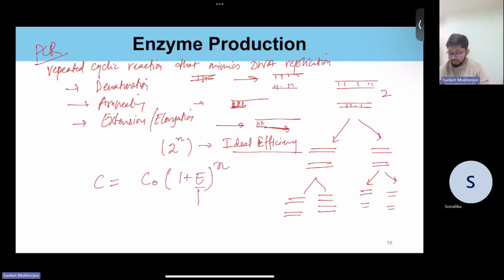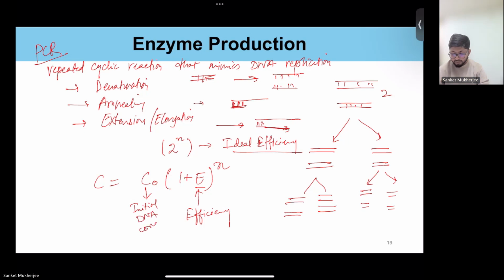E is the efficiency factor. C naught is the initial DNA concentration, C is the final DNA concentration, and n is the number of cycles.